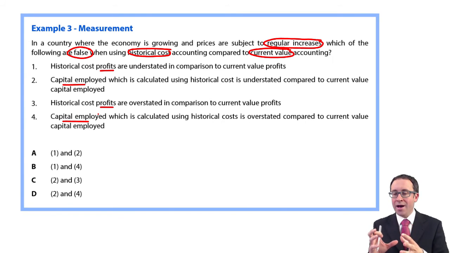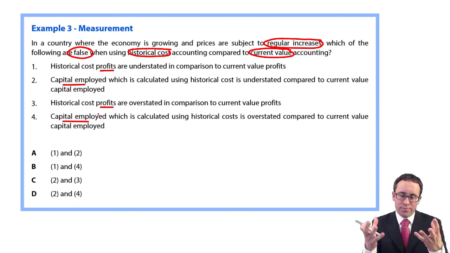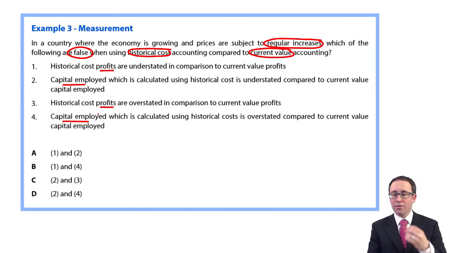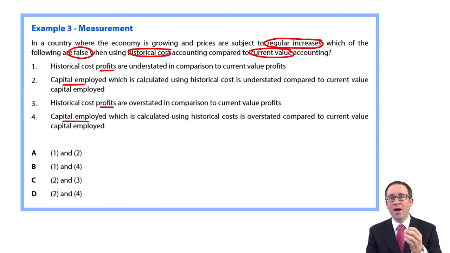Now, if you have your values that are increasing, potentially maybe due to inflation, you have a growing economy and prices are increasing, then what's going to happen there is that your capital employed will be higher under current values than it will under historic cost, won't it?